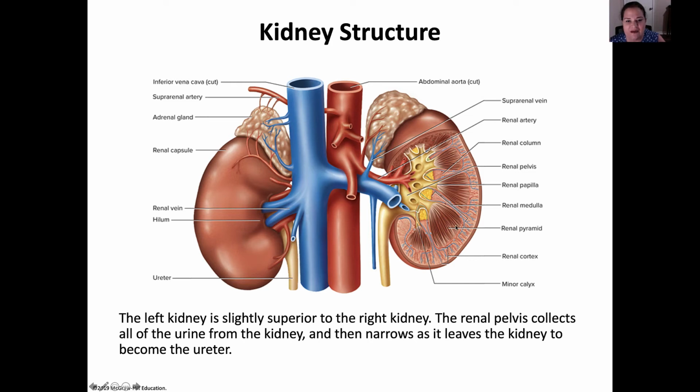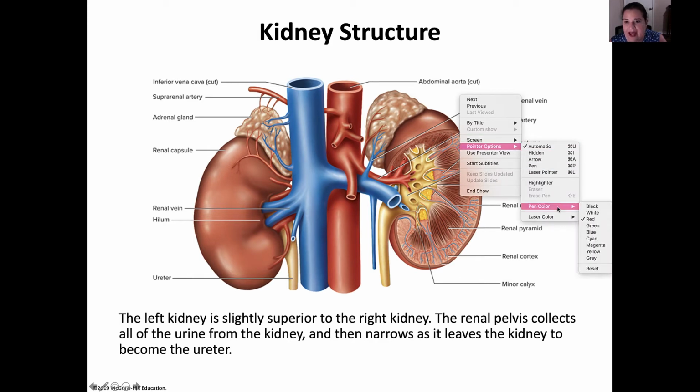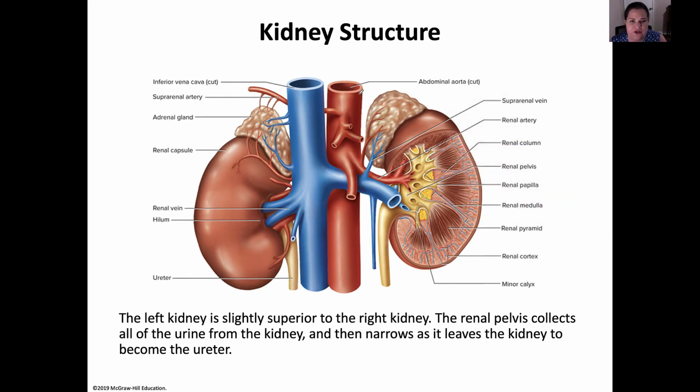Here you have a zoomed in version of the kidneys and the blood supply to the kidneys. As I mentioned, here we have the abdominal aorta, and blood comes to the abdominal aorta from the same aorta that comes out of the left ventricle of the heart.